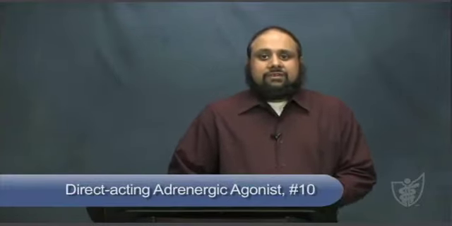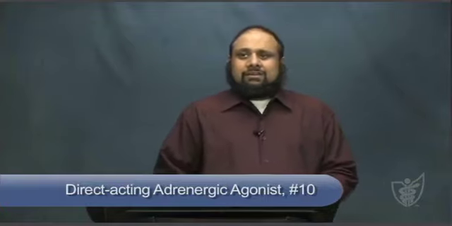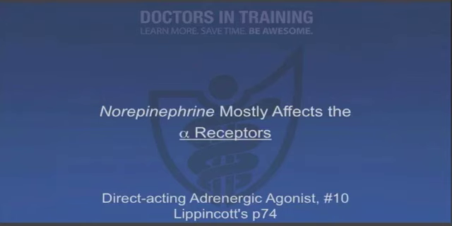But in reality, on the ground, in the hospital, clinically, you're going to see that at therapeutic doses, it's really the alpha receptors that are much more affected by norepinephrine than the beta receptors. So again, I want to break it down into the different effects that norepinephrine is going to have.